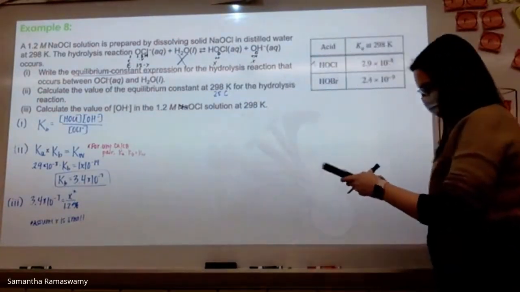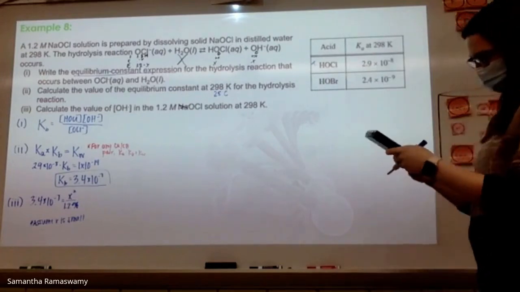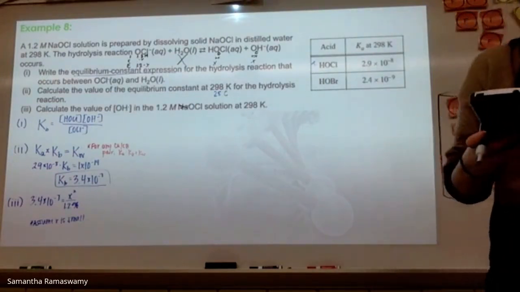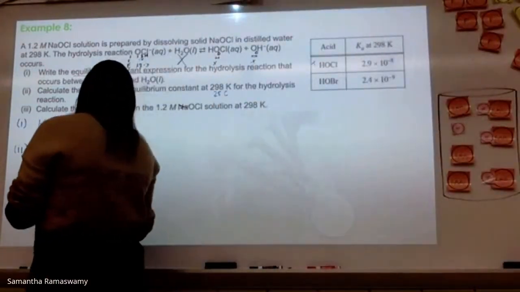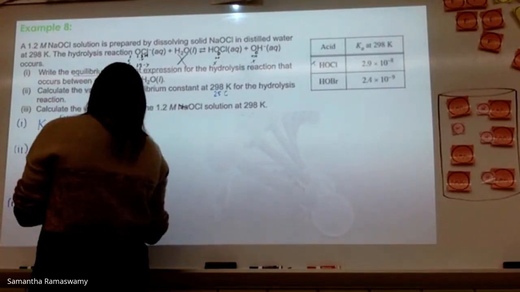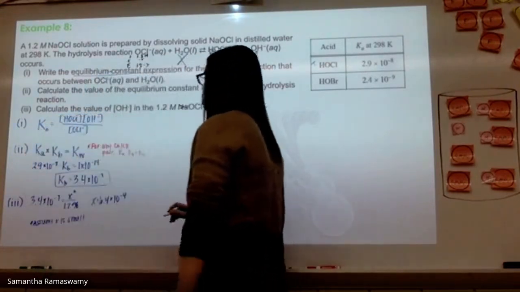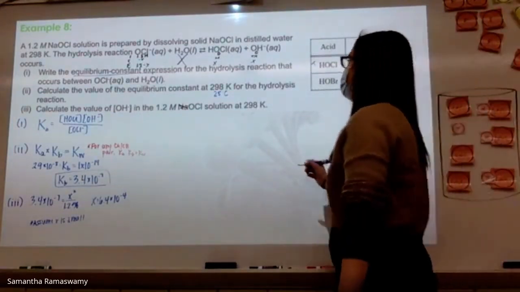And when we solve for x, we get 6.4 times 10 to the negative 4th. Now the point of part 3 was to calculate the value of OH minus. Well, x is OH minus, so I'm just going to label this molar, and put equals concentration of OH minus.